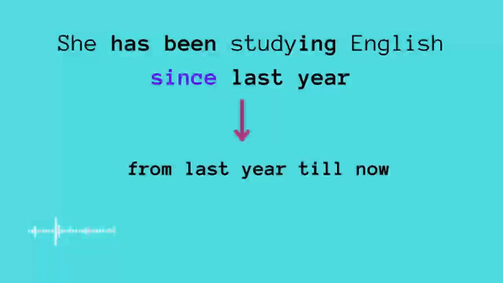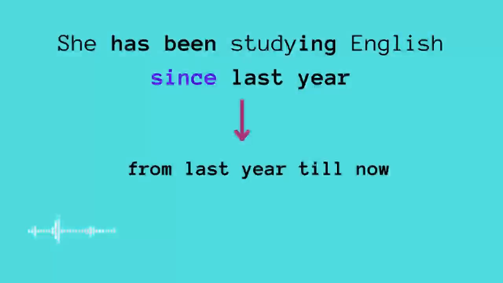So we are using since to speak about the starting point. Where is the starting point? Last year. So that means from last year until now, the situation is still continuing. She is still studying English. Alright? So this is how we can use since in sentences.